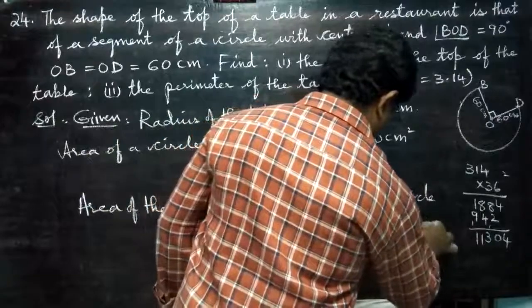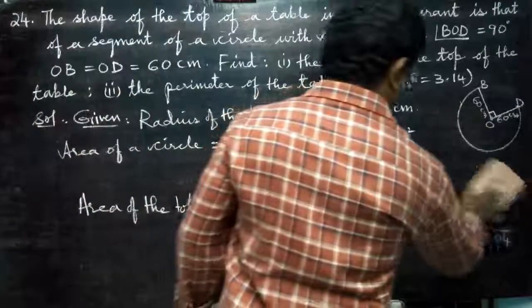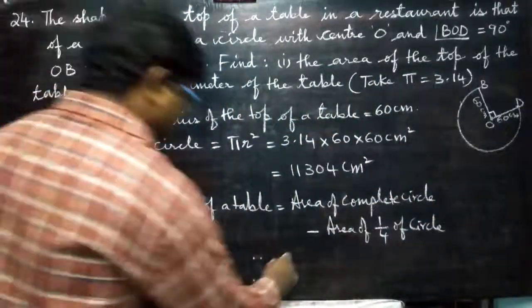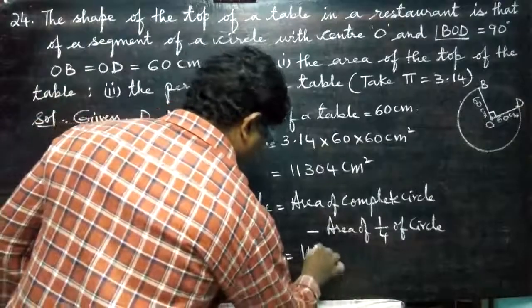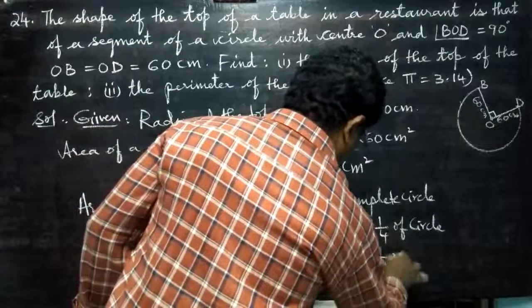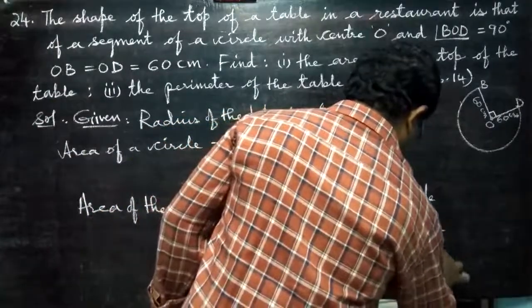Why 1/4? I told you now: 360 by 4 is 90, so 1/4 of a circle. Now that is equal to 11,304 minus 1/4 into 11,304.